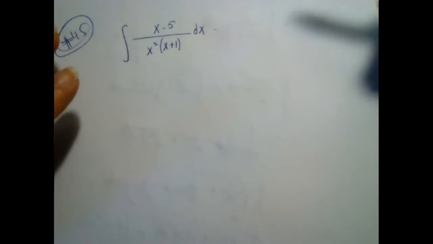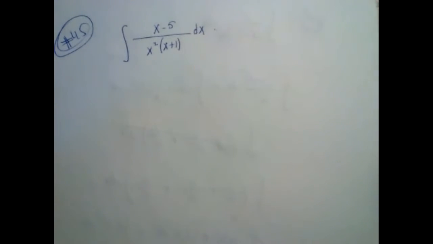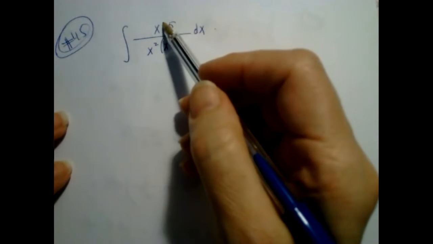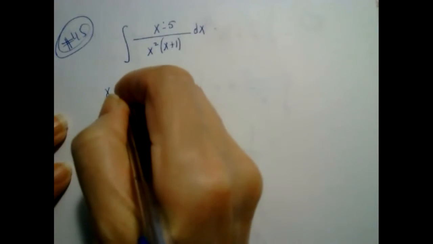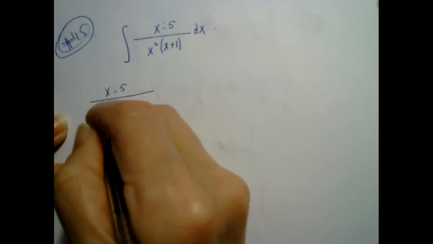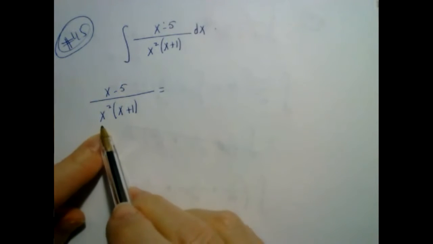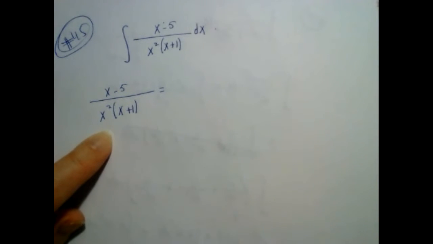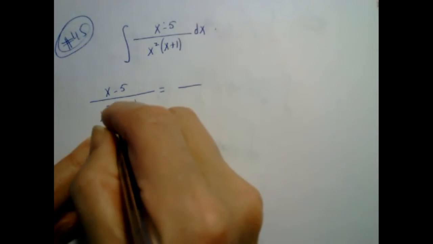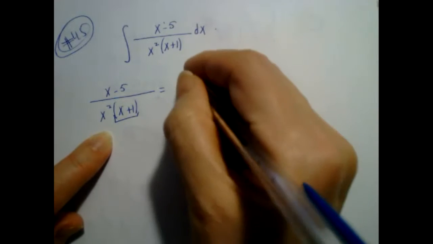This is a typical partial fraction decomposition. There is no way I can do substitution in this case. The degree of the numerator here is 1, the degree of the denominator is 3. So we are safe because the rule applies in this condition. So we're going to first factor it out, but the problem is already given factored, so I don't really have to do it. And now, this is linear non-repeating.